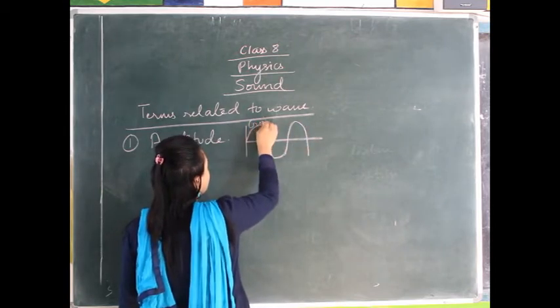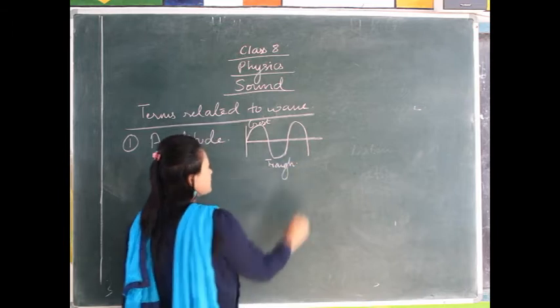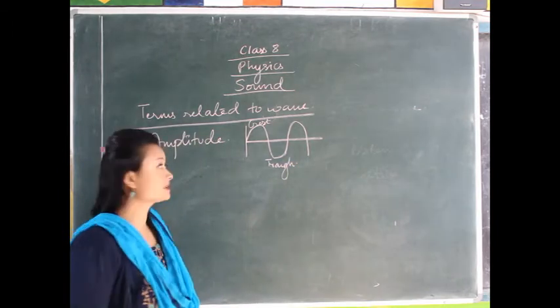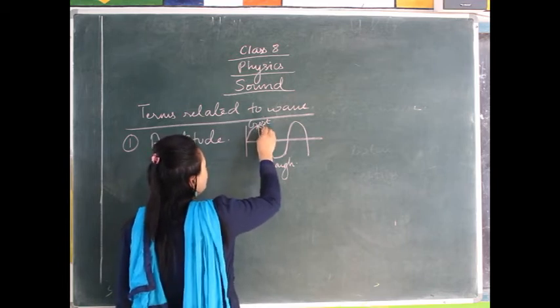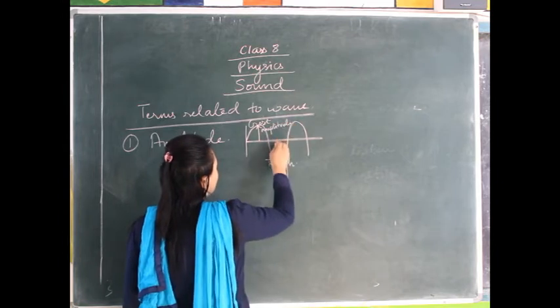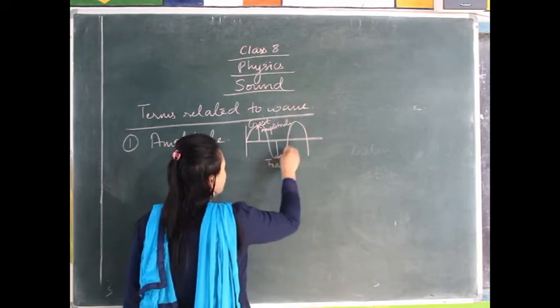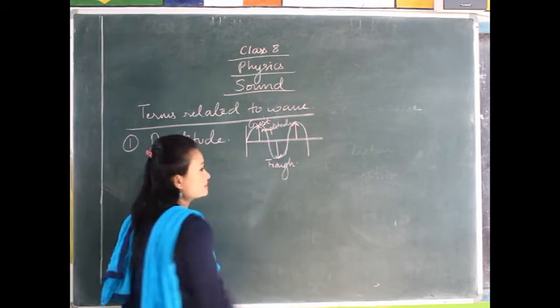So this is your crest, this is your trough. The maximum distance a particle can reach, the highest distance the particle can reach, is called your amplitude. So this is your amplitude.